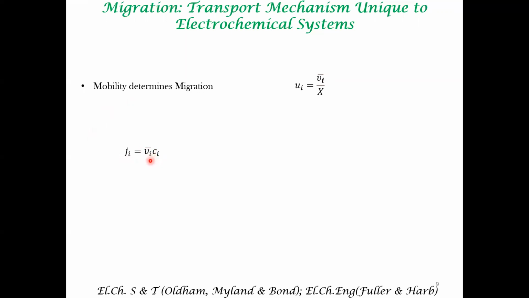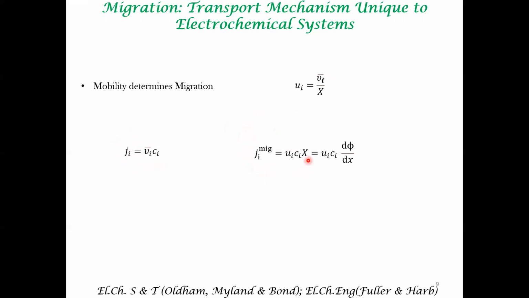You would have defined fluxes in a pipe by taking into account the velocity times the cross-section area. In a similar manner, you can define the ion fluxes using these two terms, the velocity times concentration. The dimension is also correct. So once you have the velocity from this expression, you can define the migration flux in the following manner.